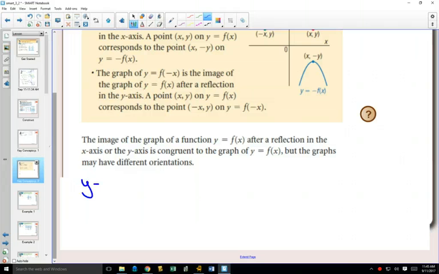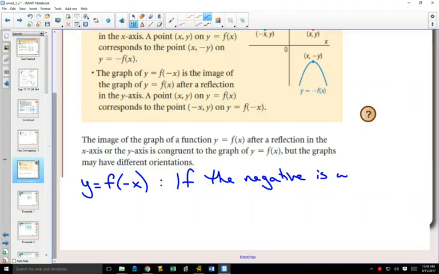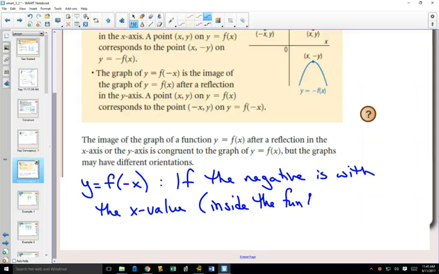So we're going to start with y equals f of negative x. And we're going to say if the negative is with the x value, and just to use some language that we've talked about before, that's inside the function.